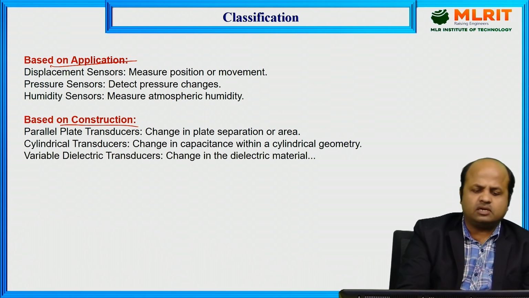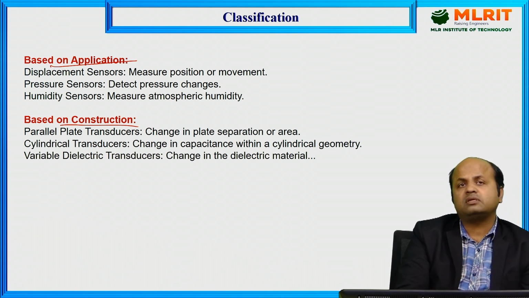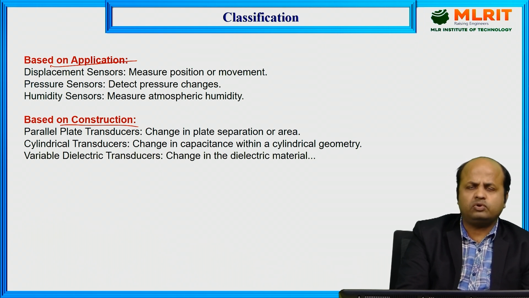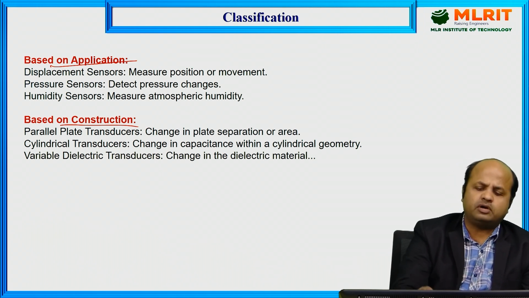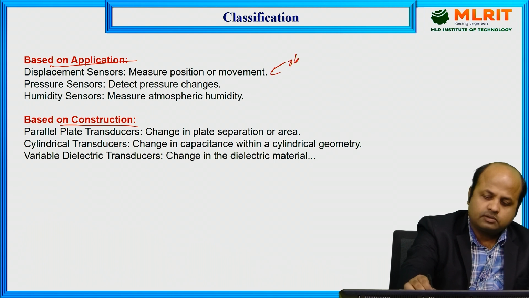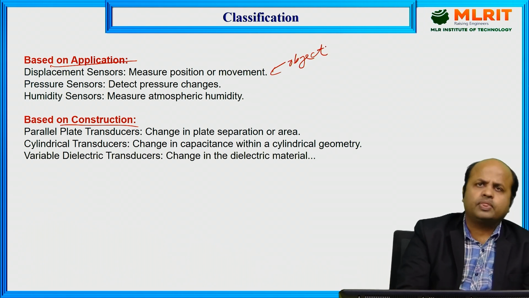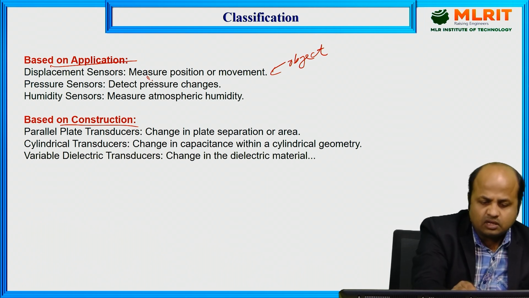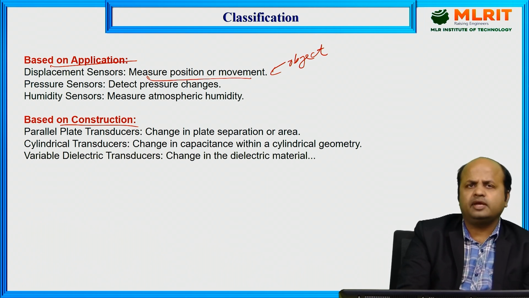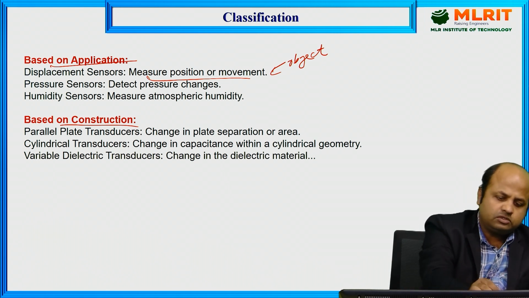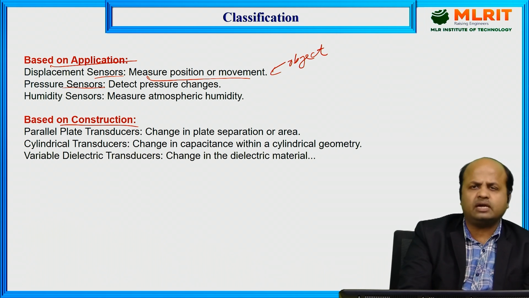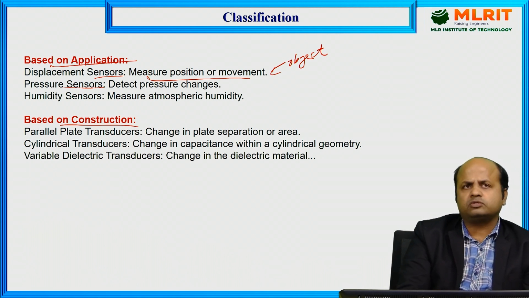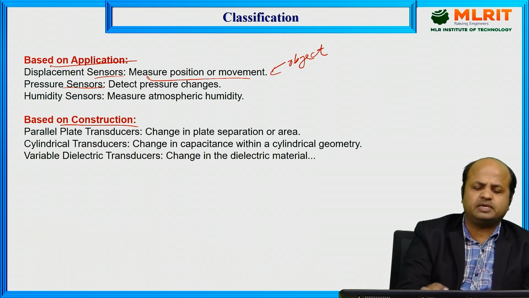Based on application, we have displacement sensors, which measure the position or movement of an object. The second classification is the pressure sensor, which detects pressure in terms of change in capacitance.